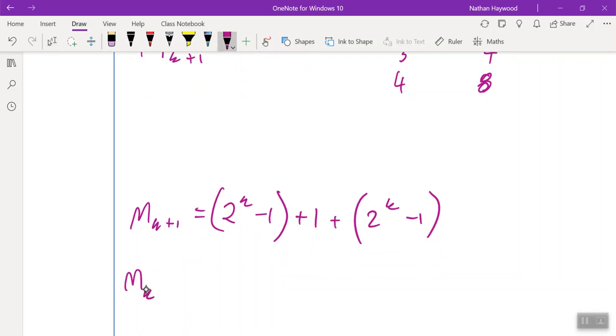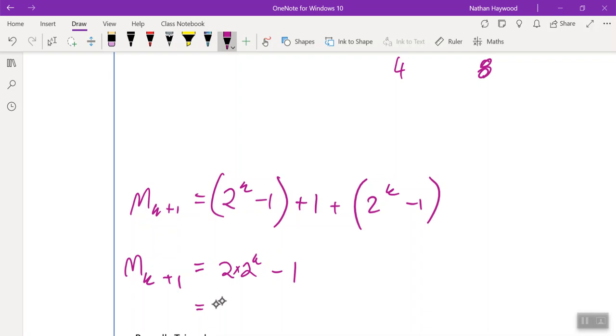So if you simplify this, you have 2 times 2^k minus 1, plus 1, minus 1, left with 2^(k+1) minus 1.